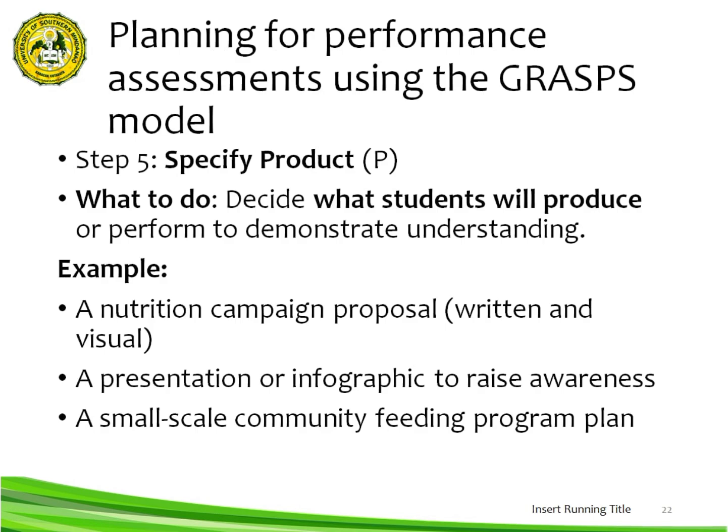Then the next one is a small scale community feeding program plan. This is a detailed plan for implementing a feeding program in a specific community, including information about the target population, the food to be provided, the logistics of distribution, and the budget.